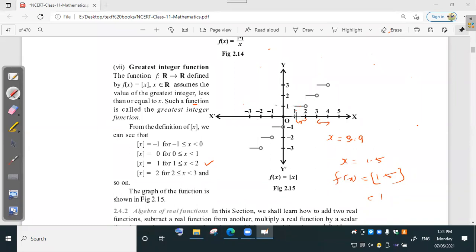The next coordinate you can take from 1 to less than 2, but 2 is not included. That's why we show the empty circle. Okay, this is an empty circle, which means this point is not included. After this, all points are included till this point.